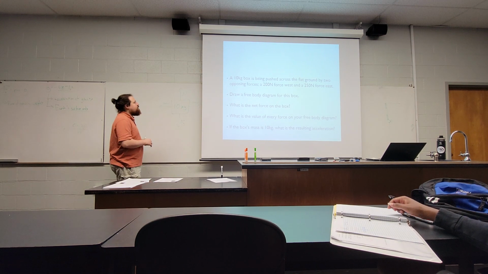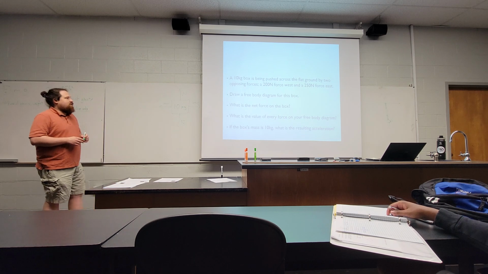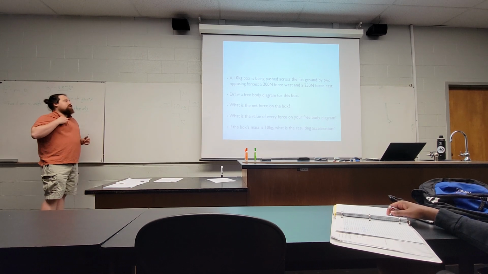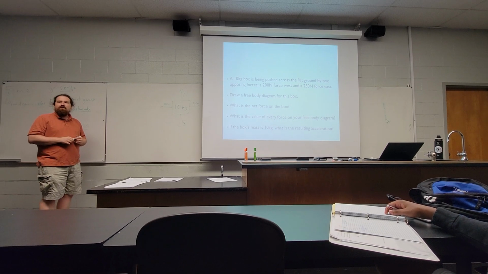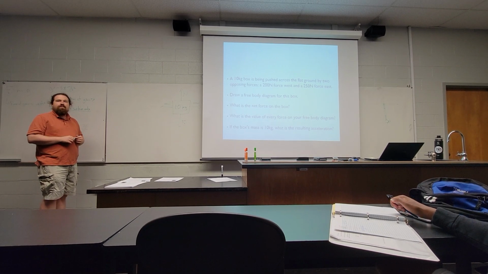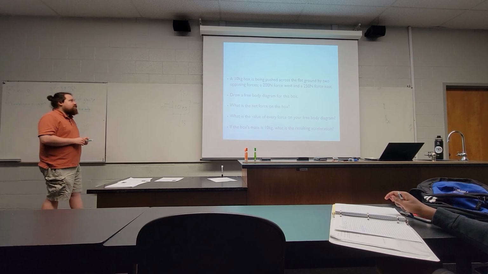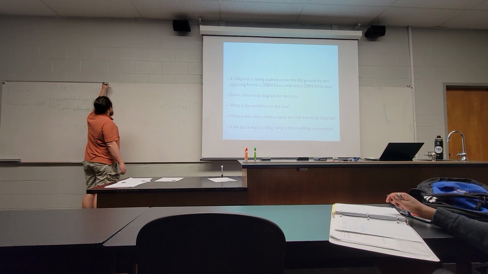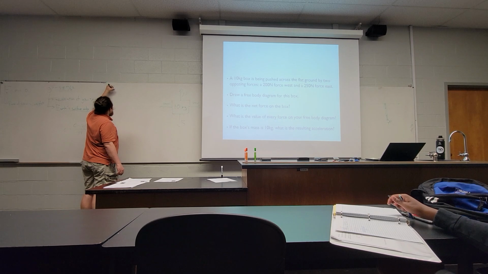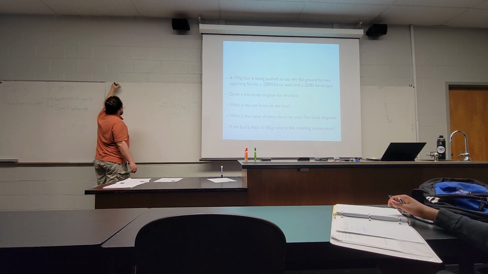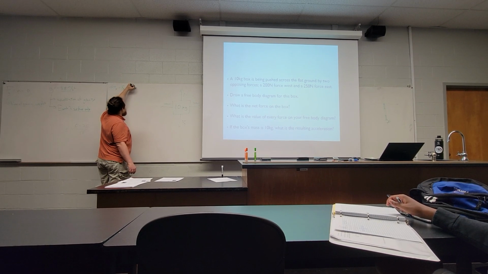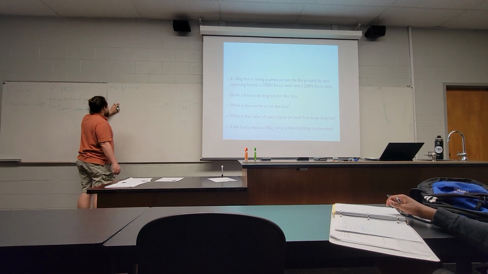All right, very good. Given all of that, what would the net force on this box logically be if it is sliding across the ground? 0 is technically correct, but only in one axis. So if we look at the vertical forces that are present, they would have to cancel out to keep the box from accelerating up or down.